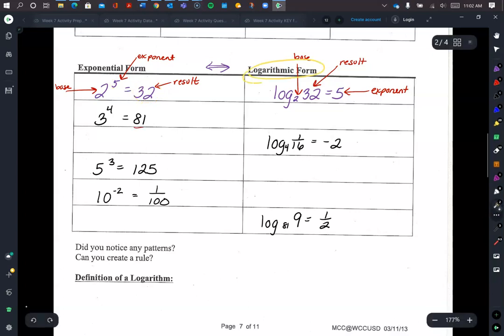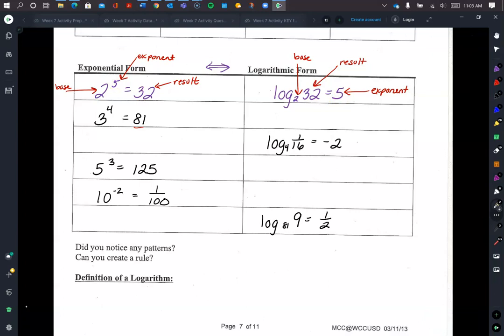Now we have log form here, and this is how the same thing would read there. We would have log base 2 of 32 is 5. Okay, so the exponent now, the power up here, is what it's equal to.